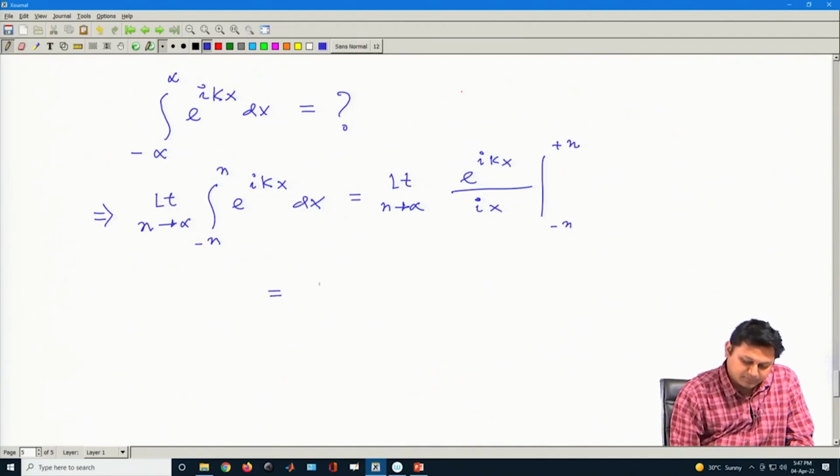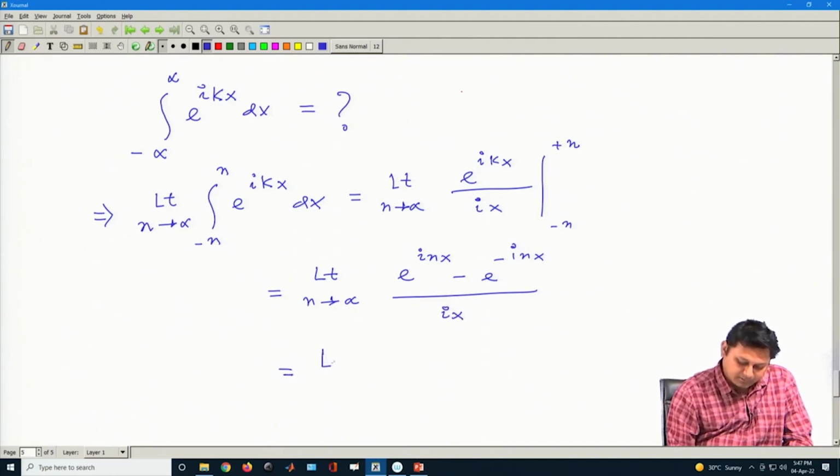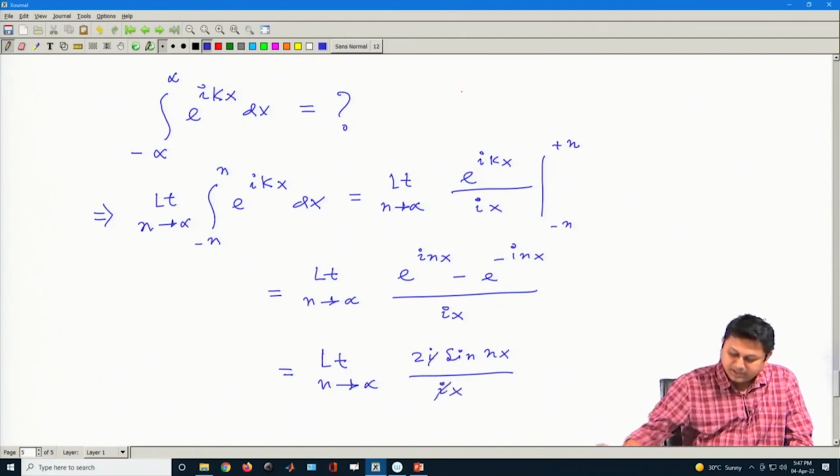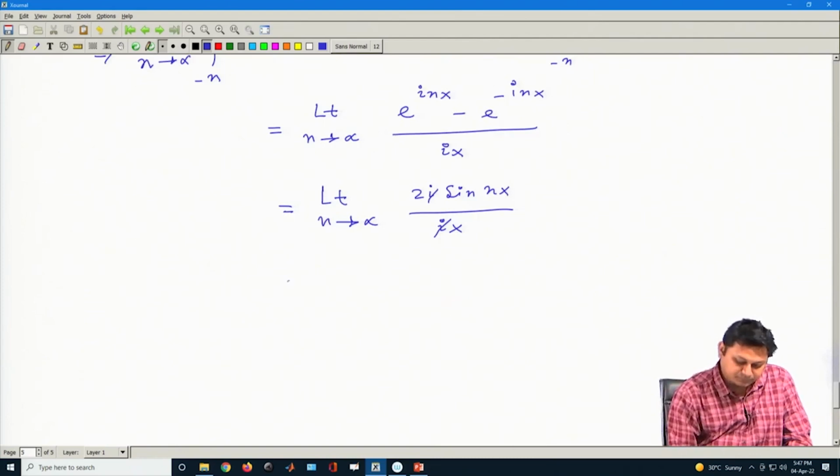So, this is the limit of e to the power of inx minus e to the power of minus inx divided by ix. Then this quantity is 2i sine(nx) divided by ix, the i will cancel out.